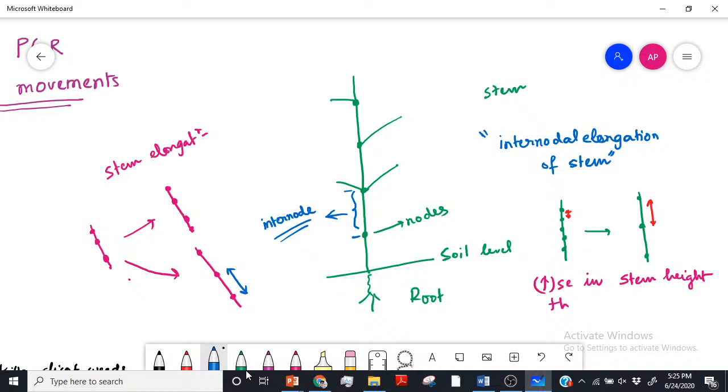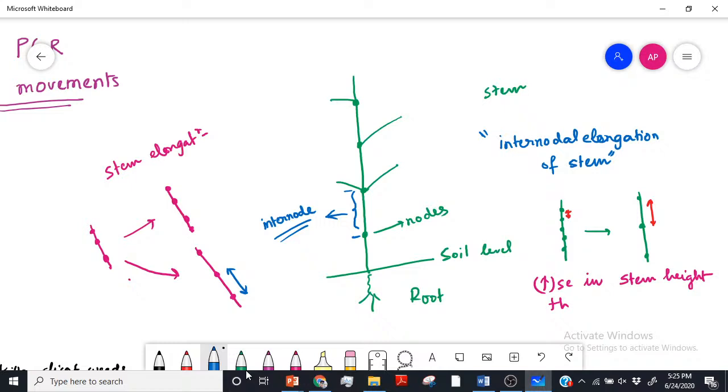You can keep the distance between the two nodes, that means you can conserve the internodal distance and keep on adding nodes. By that you can elongate a stem. Or you can keep the number of nodes constant and increase the distance between the two nodes. That's how you also elongate a stem. So gibberellin promotes internodal elongation of the stem.